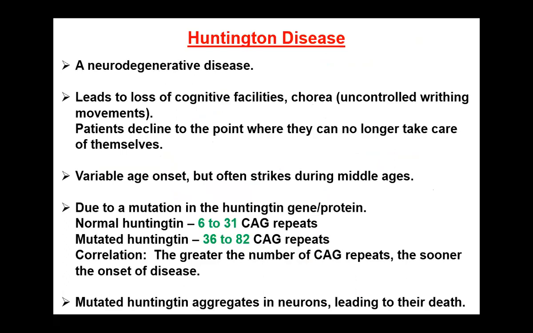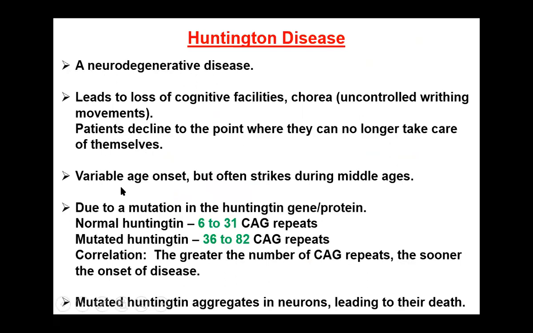And Huntington disease is a neurodegenerative disease. It can lead to the loss of various cognitive faculties, chorea, so uncontrolled writhing movements. Patients decline eventually, so they can no longer take care of themselves.